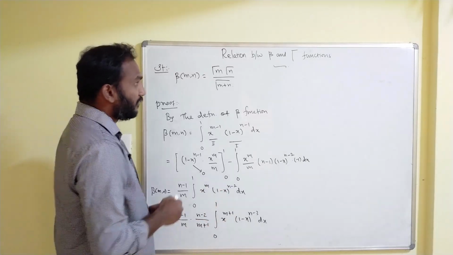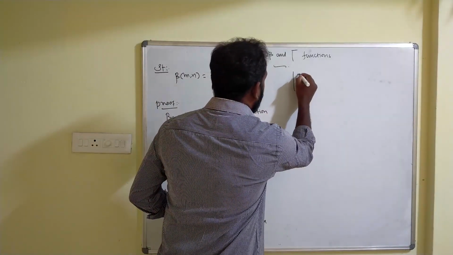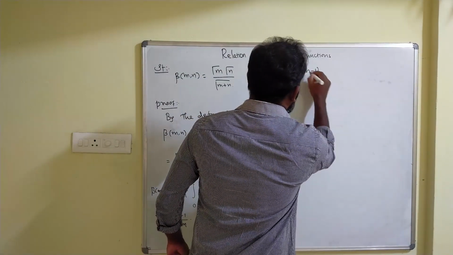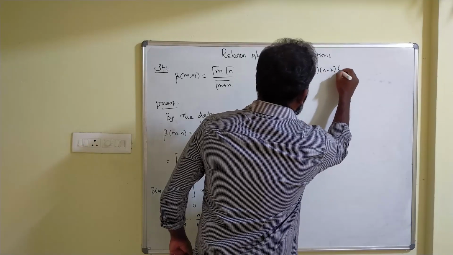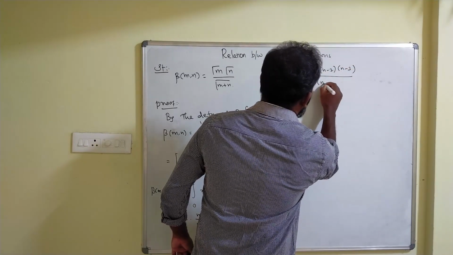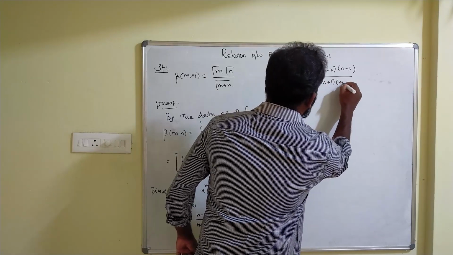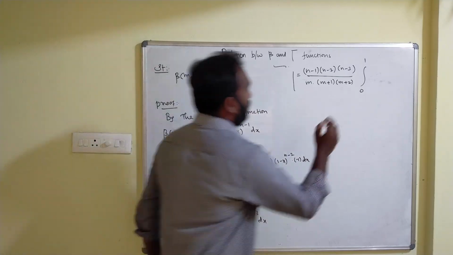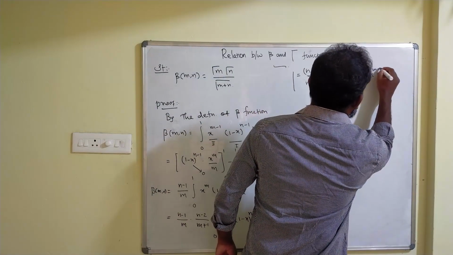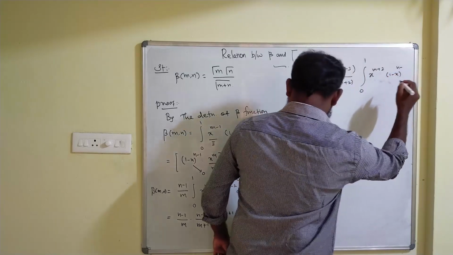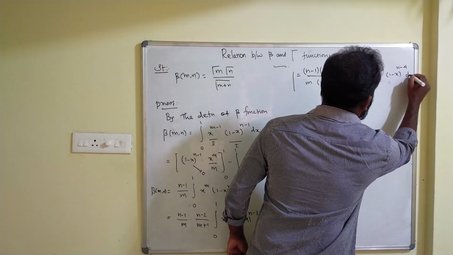So this is what we are going to do here, and then it is equal to the next term n minus 1, n minus 2, n minus 3 divided by m into m plus 1, then m plus 2, integral 0 to 1, x power m plus 2, 1 minus x power n minus 4 into dx.